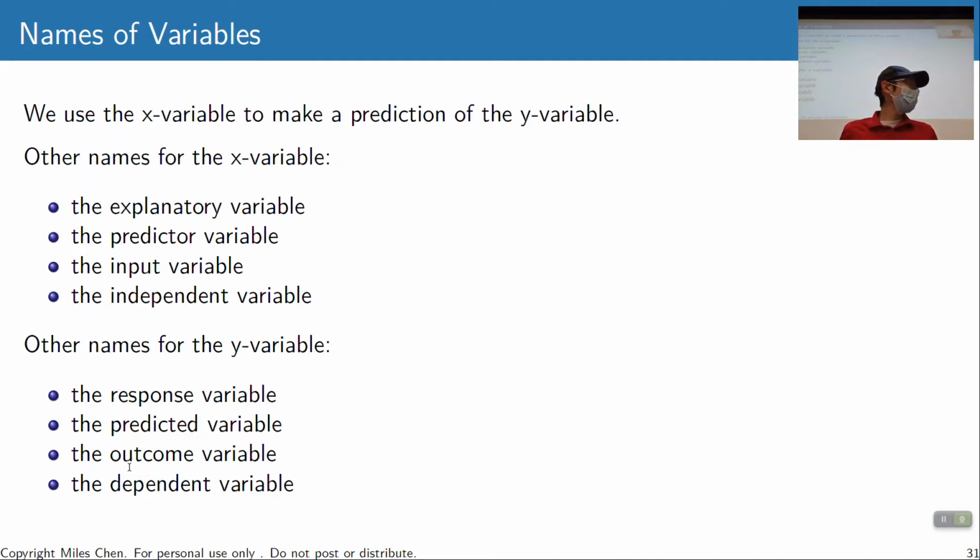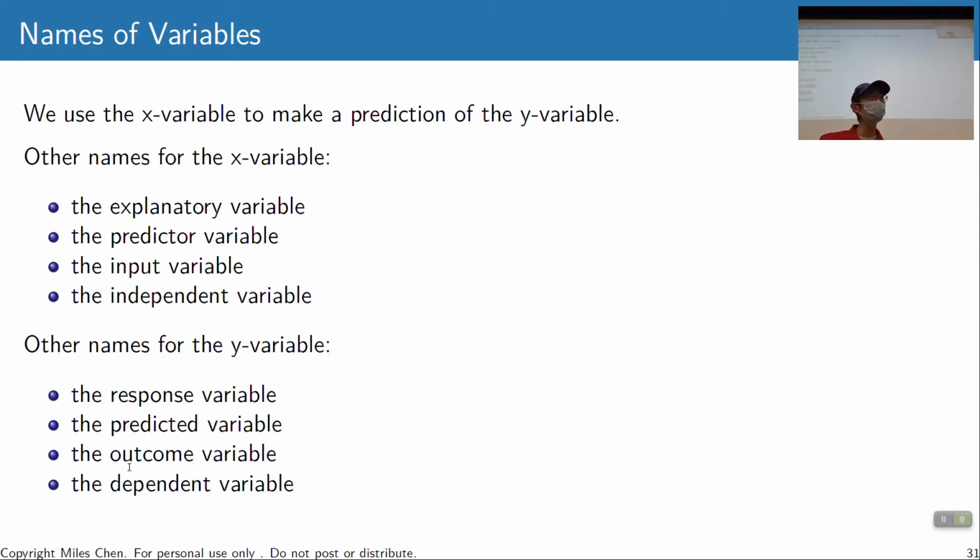We could set it up where you give me the person's height, and I'm going to predict their weight. In that case, height is the x, weight is the y. But somebody else could spin it around and say, if you give me someone's weight, I'm going to try to predict their height. In that case, weight is the x, the value we're putting in, and we're trying to predict y, the height.